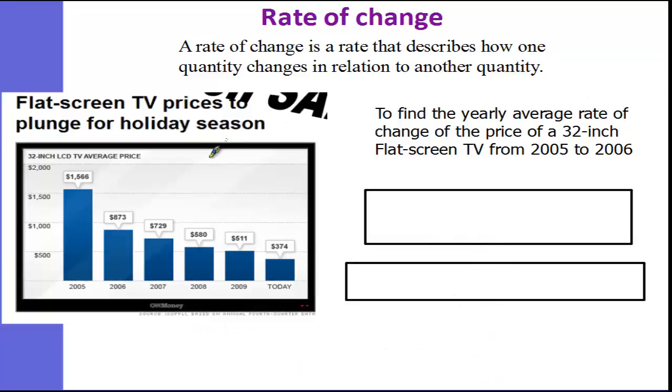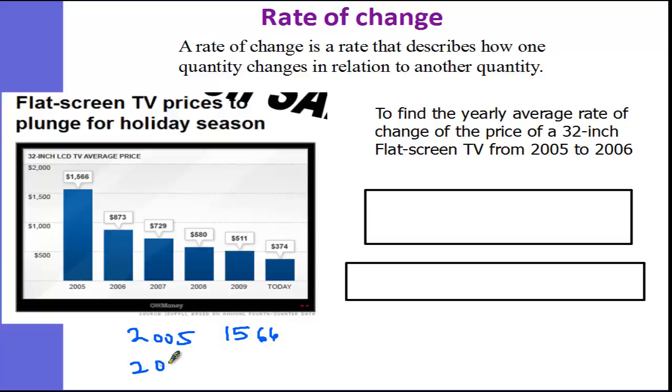So let's look at our data right now. For 2005, the price is 1,566. Year 2006, the price went down to 873. So let's find the rate of change. For the year 2005, the price of the television is 1,566.